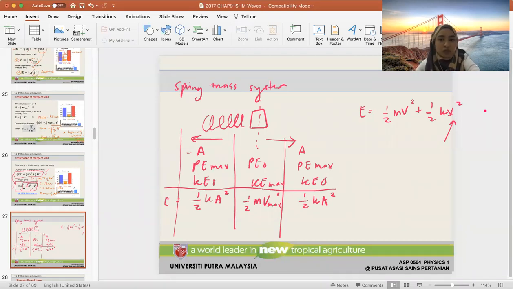So this is when you use this equation. Because we know that energy is always constant, we can equate this to 1/2 kA squared, because energy is constant. I can also equate this equation with 1/2 mv max squared.